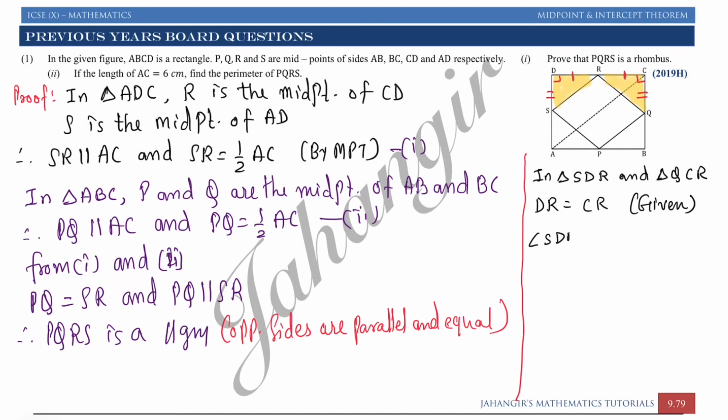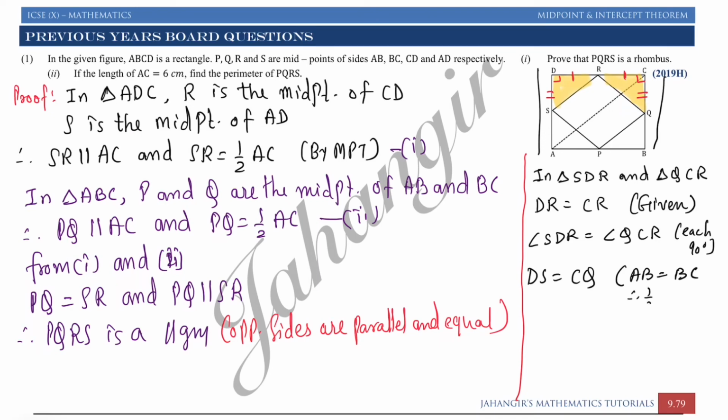Angle SDR is equal to angle QCR, each 90 degrees. Then DS is equal to CQ, because AB is equal to BC, so therefore half AB is equal to half BC. So triangle SDR is congruent to triangle QCR by the side angle side test.